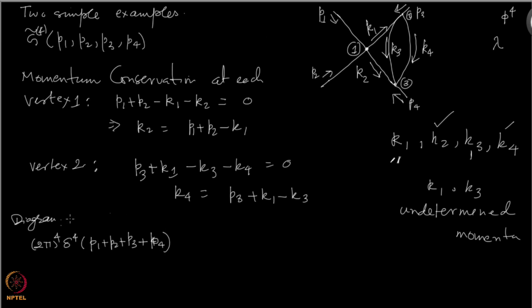So, that is what this imposes. Okay. Then you have 4 propagators which do not involve momenta k1 and k3, they involve only the external momenta, and those I can write down. So, I have product i equal to 1 to 4, 1 over pi square minus m square plus i epsilon. Okay, so, I have taken care of these 4 propagators.